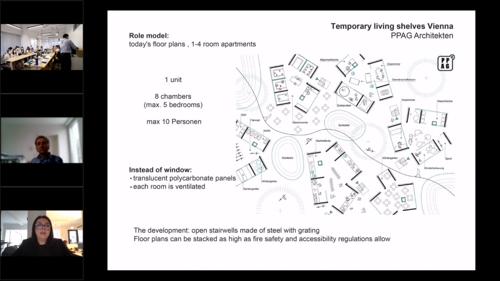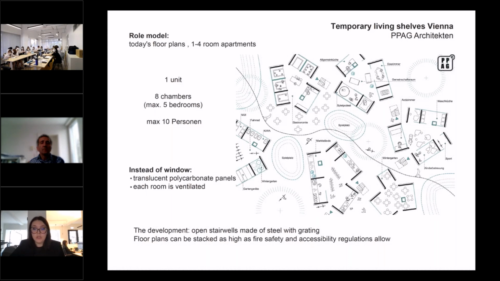A role model today: the floor plans range from 1 to 4 room apartments. So you have one unit, and in this one unit you have a maximum of 8 chambers. You have 5 bedrooms, and it's suited for 10 people.